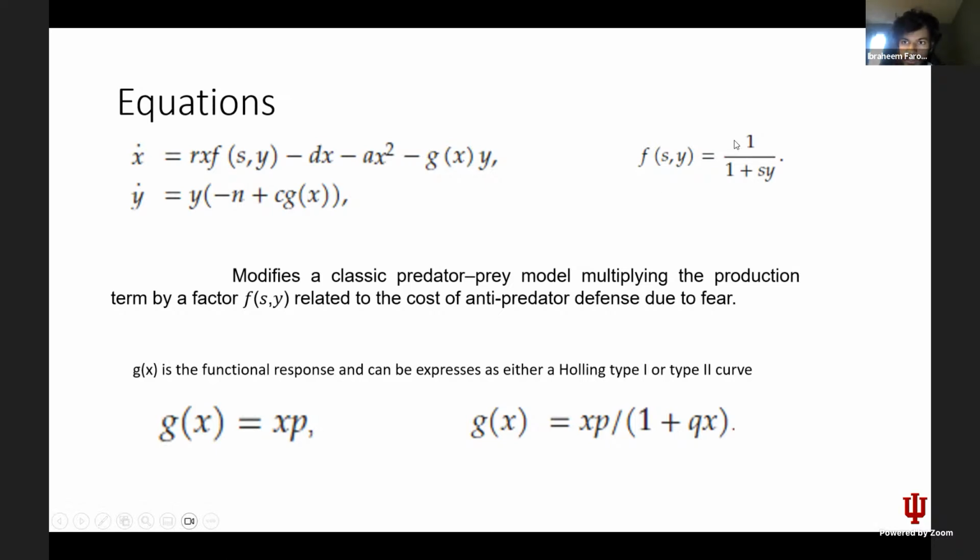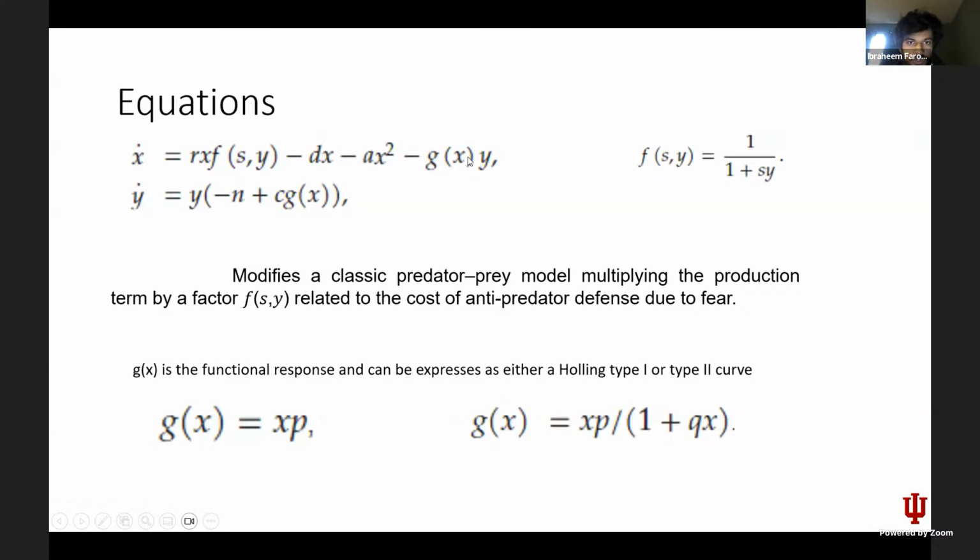In this case, they're using f(s, y) = 1/(1 + sy). This is their decaying function, but theoretically, this could be replaced with another decaying function that one saw to be more representative of the fear in that specific ecosystem.